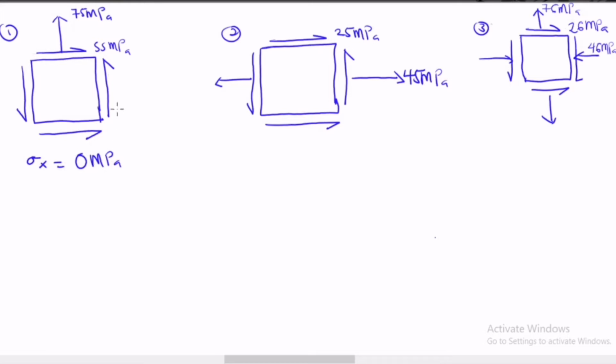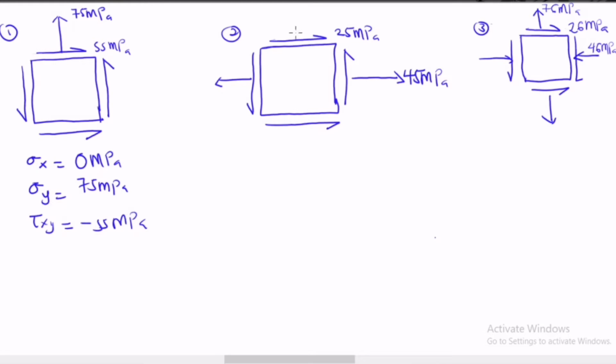Let's note that if the x value is not given to us, it becomes 0 megapascal. Then our stress in the y direction is 75 megapascal, and our shear stress in the x and y direction is negative 55. This is for question number 1.